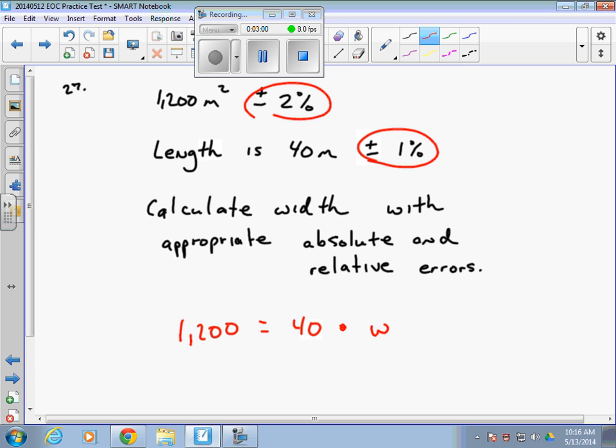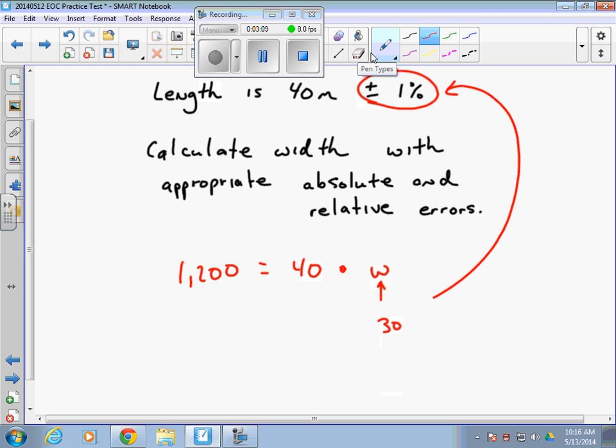So right here, all you have to do is take that 30 that W would be and multiply it by plus or minus 1% to make it match the other one. So 30 and 1%, and again, you have to make 1% into a decimal so you can multiply it. It becomes 0.01. Multiply 30 by 0.01. 1 times 0 is 0, 1 times 3 is 3, and just move that decimal over two times, once, twice, 0.3.